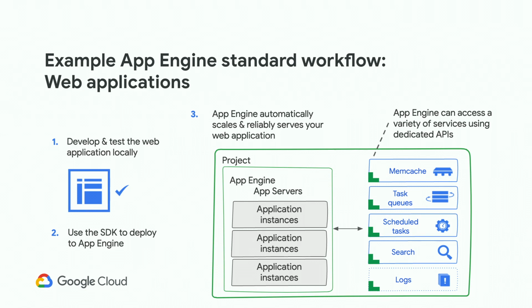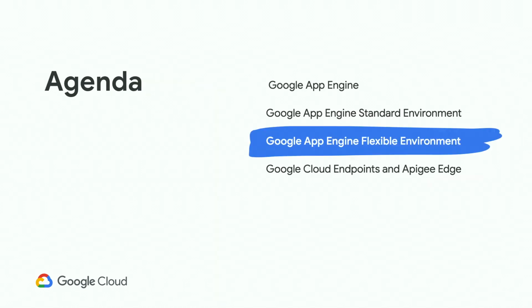And anything you need, like a cache, a task queue, a schedule queue, search, or logging, none of those are on the instance of your App Engine. No, they're on RESTful API services, which are all fully supported for your App Engine. So that's the reason it's able to scale really fast. Okay, cool. So that's the standard one.